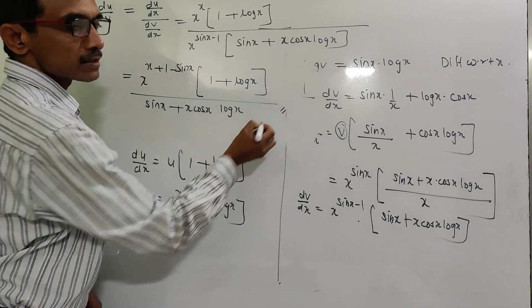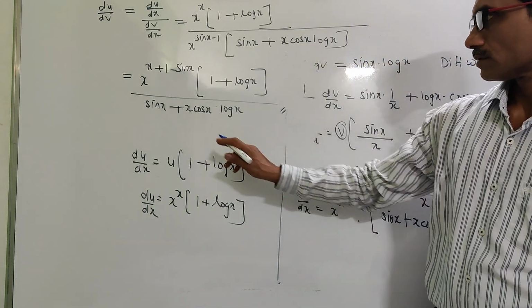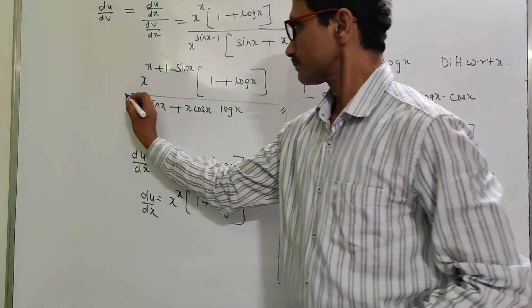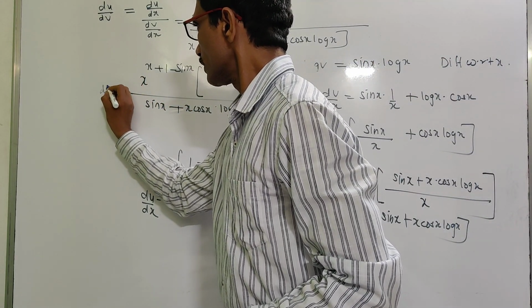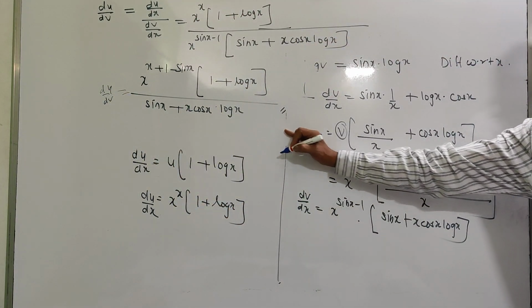So this will be the answer. du by dv is equal to this. The required derivative is this.